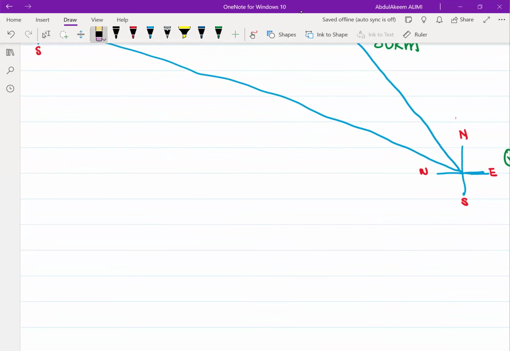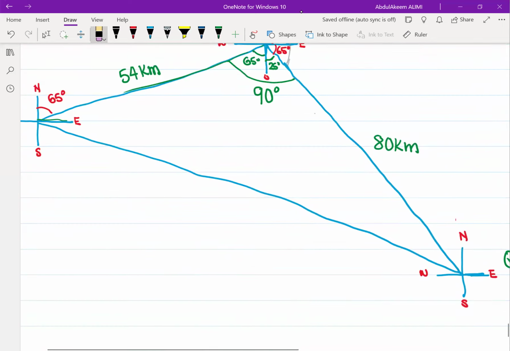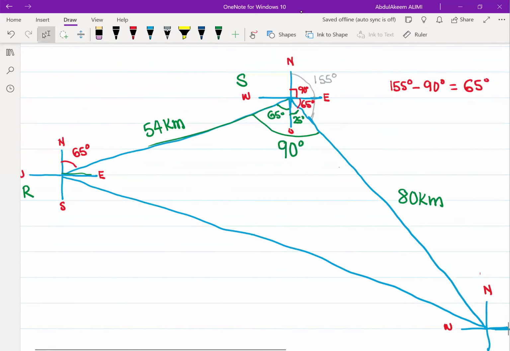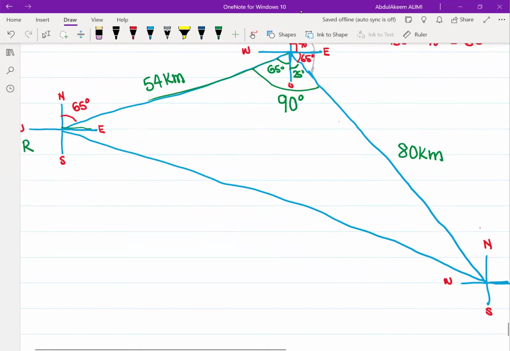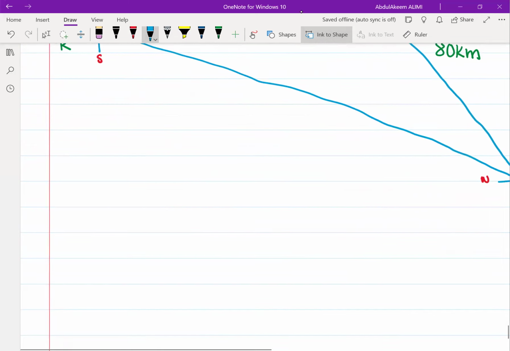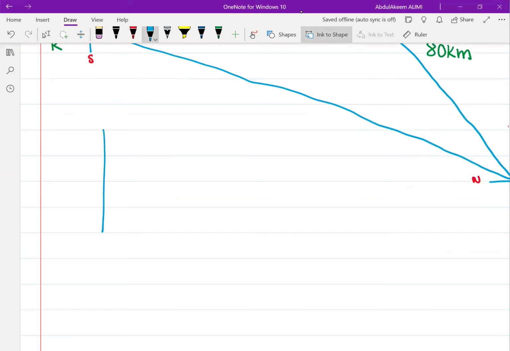The next thing I'm going to do is draw this shape into a triangle. Since what we have here is 90 degrees, a three-sided shape that has an angle of 90 degrees is a right angle triangle. So let's draw our shape out. Let's name them.